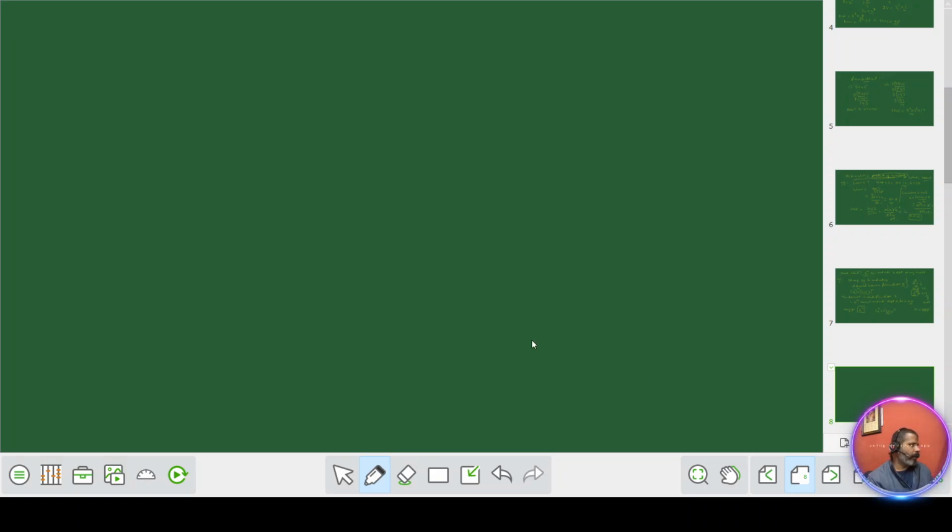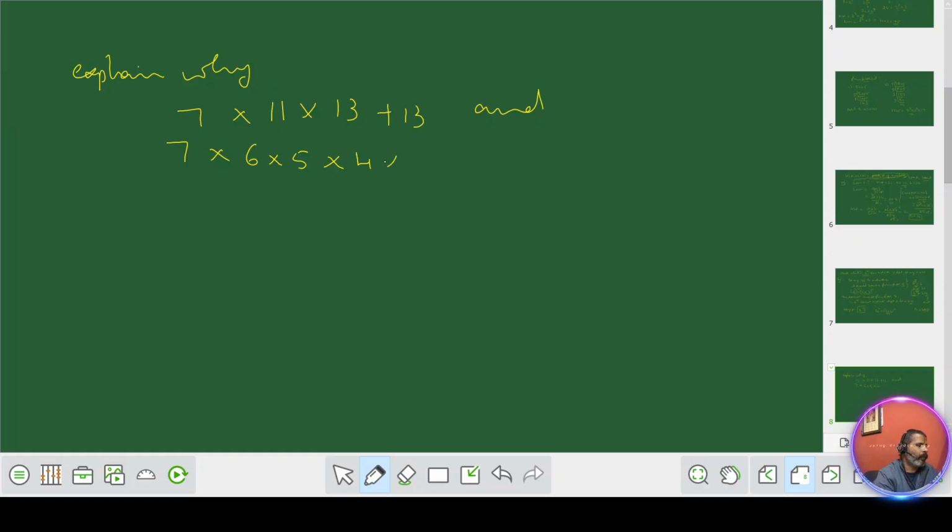Let us see one more exercise question. Explain why 7 into 11 into 13 plus 13, and 7 into 6 into 5 into 4 into 3 into 2 into 1 plus 5 are composite.